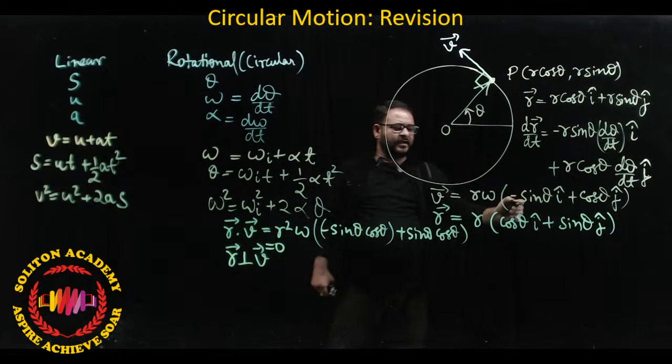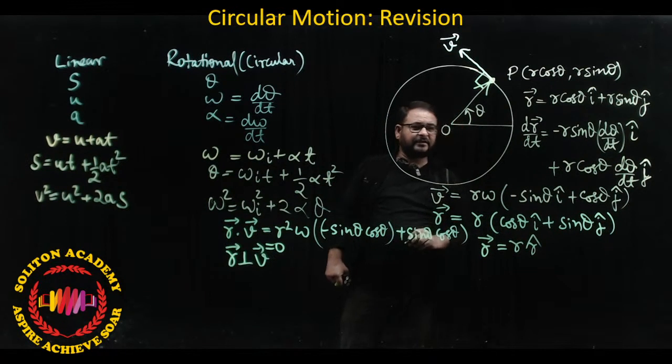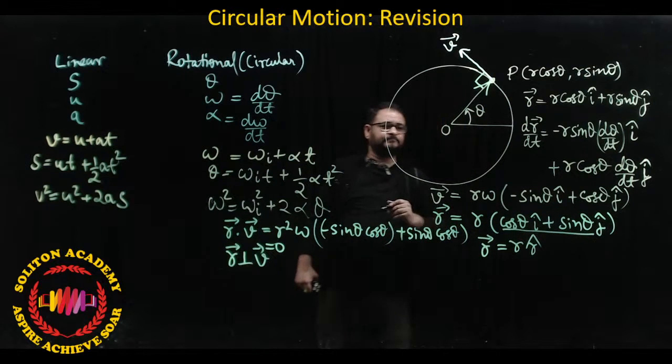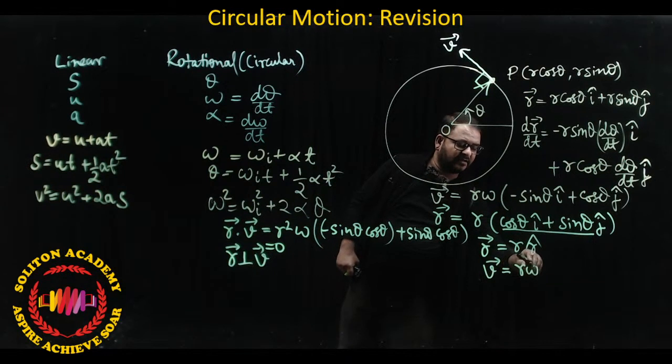So we can write r vector as magnitude times the radial unit vector. So you see this is the radial unit vector, and the velocity you can clearly write as r omega times the tangential vector.